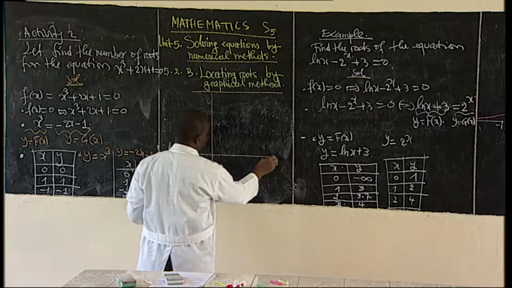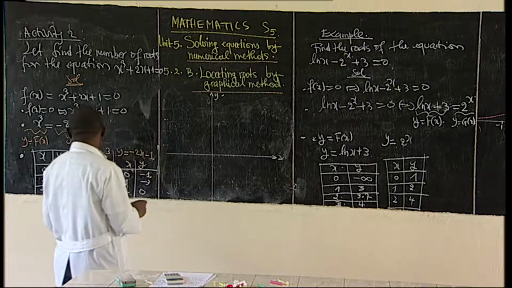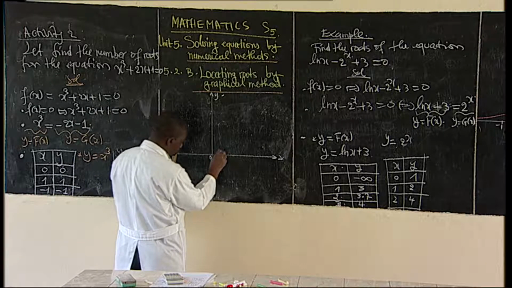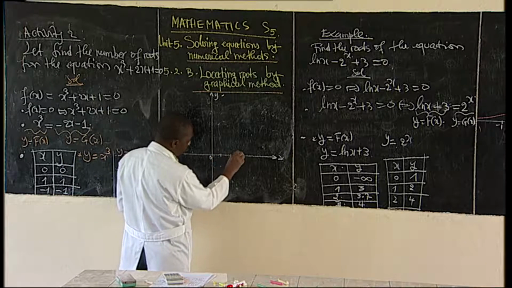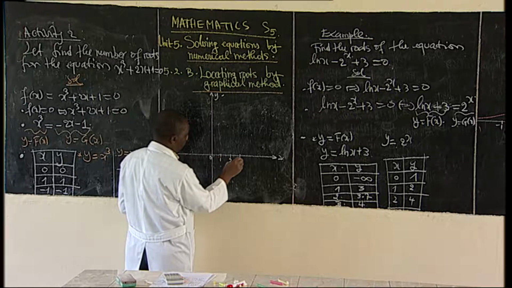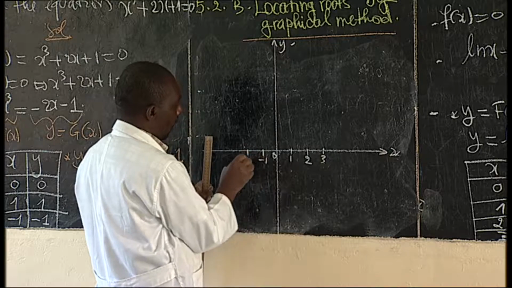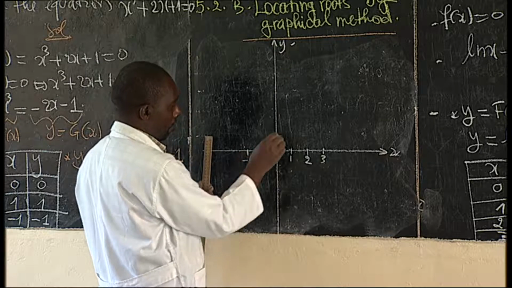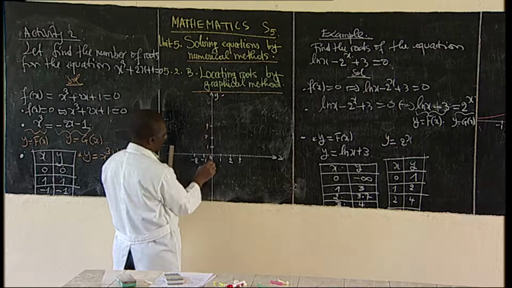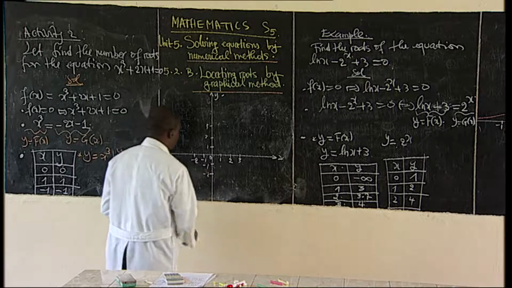Yes, this is my x-axis, y-axis. Then this is the origin, put 1, 2, 3. Make sure we take the same units on the x-axis and the y-axis. 1, 2, 3, and so on. -1, -2, and so on.